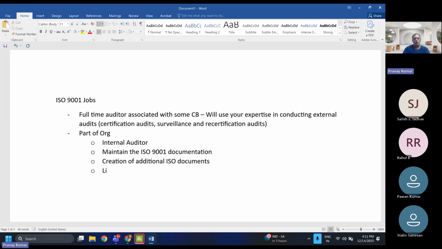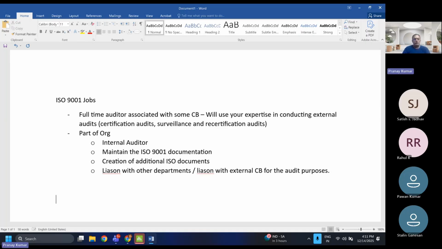You will also need to liaison with other departments, and liaison with the external certification agency for the audit purposes. Okay, everyone?